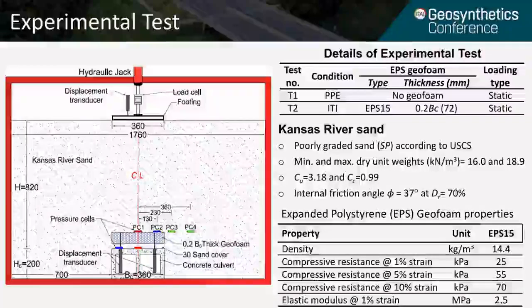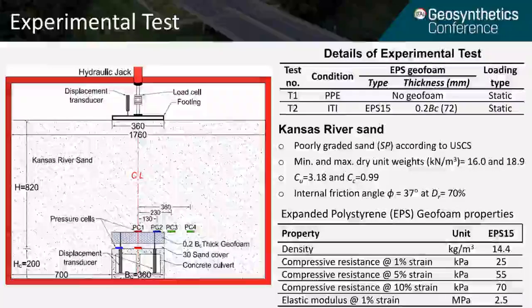So the first part of our study was the experimental test. In the figure on the left side of the slide, we're showing the experimental test layout in which the box culvert is buried in the middle of the box, and then on top of it we have a geofoam layer, and there are several pressure cells on top of the culvert and also on top of the geofoam and the surrounding soil.